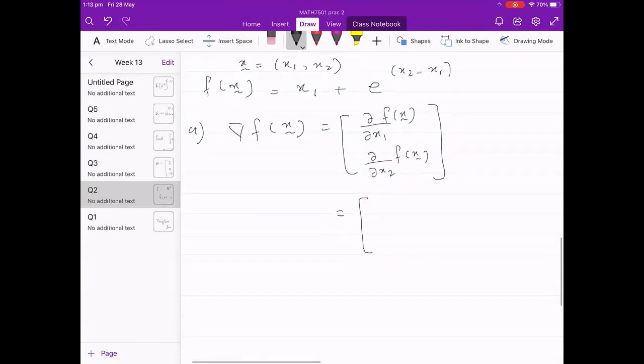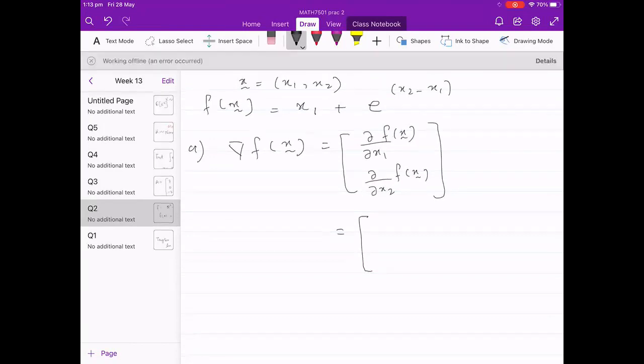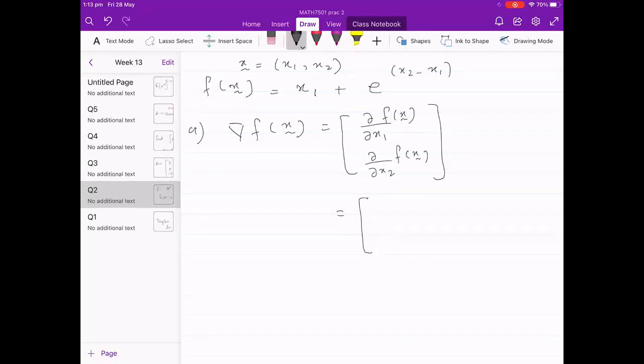What's the derivative of f with respect to x1? That's the partial derivative. What's that?